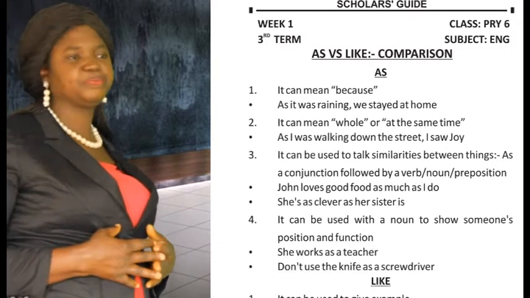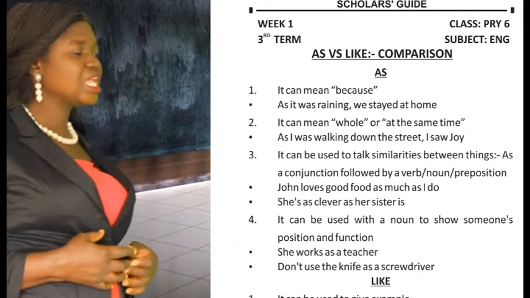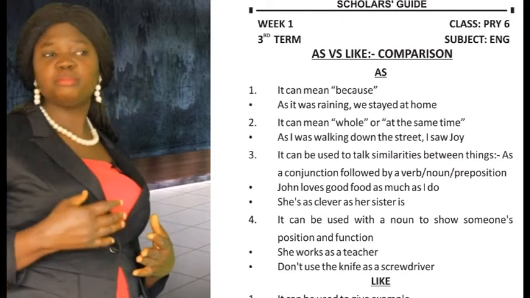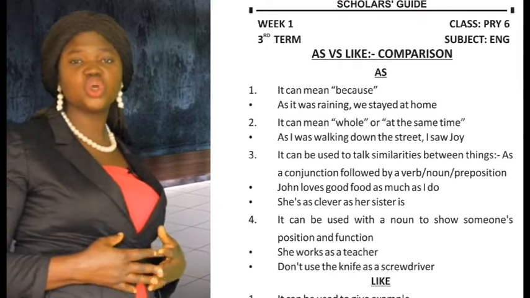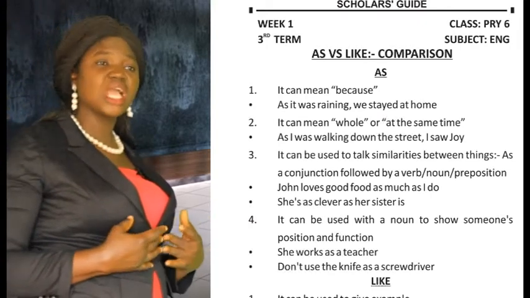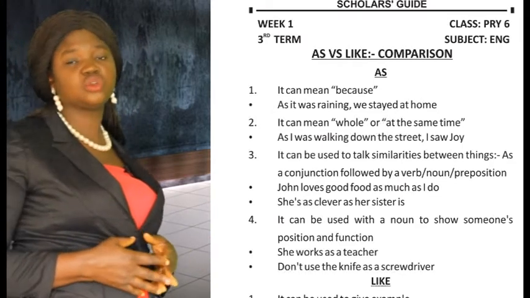Number 4 says as can be used with a noun to show someone's position and function. When you want to show someone's position or what someone is doing or what someone ought to do, then you can use as with a noun, and it will show us the position and function of a person.